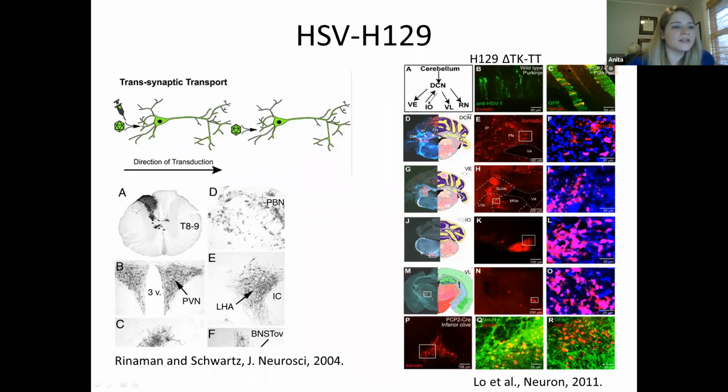And I've seen a couple of uses of the H129 delta TK. For example, Tali Kimchi had a paper in 2014, and I just saw a paper from 2019 doing something with olfaction. But I don't know of widespread use of this, and I think it's because it's still pretty toxic. I think there aren't a lot of cells by the time you kill your animal and want to look. And again, this would be timing based, so I think the most people have done is disynaptic, crossing 1 or 2 synapses.